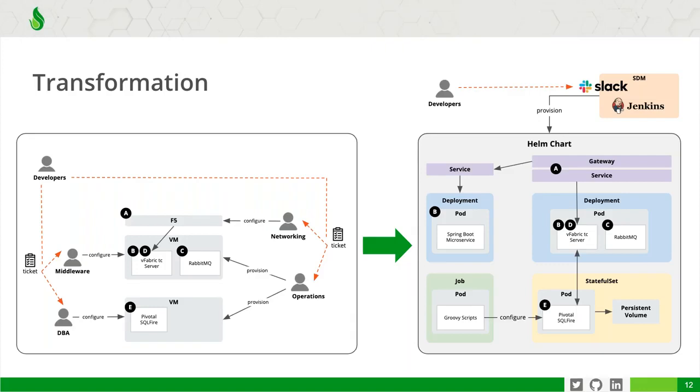We see that those VMs, and the applications running on them, have now been encapsulated as containers running in Kubernetes. We've got some deployment resources that manage the pods for the stateless applications. And then we've got some stateful application, the database running as a stateful set with some persistent volumes backed by EBS volumes.